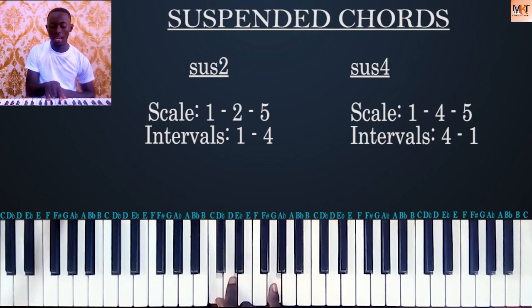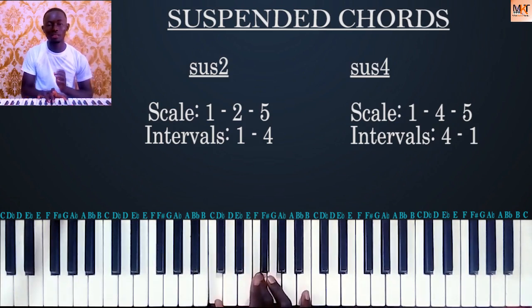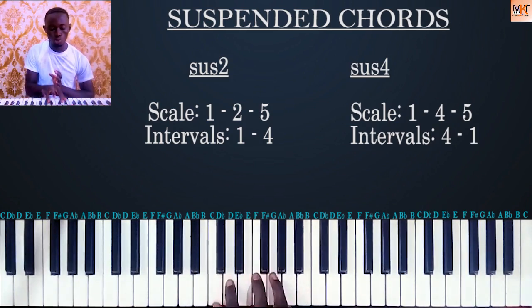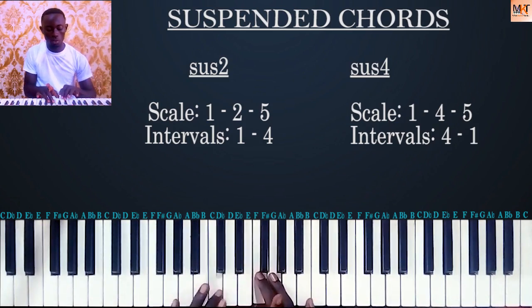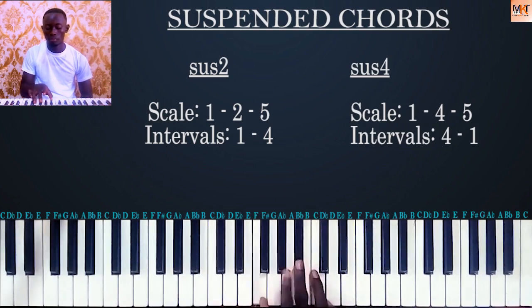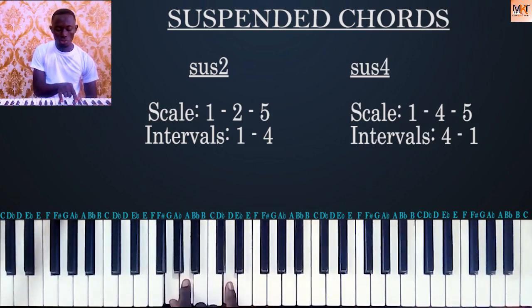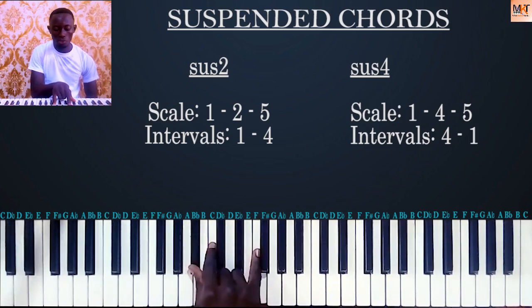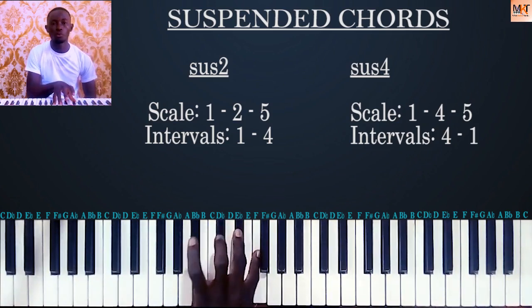So instead of this, hit the fourth note, and that's why we call it sus4, sus2, then the sus4. 1 2 3 4, the fourth note. That is it. F sus4, F sus2, F sus4, G sus2, G sus4, B flat sus2, B flat sus4.